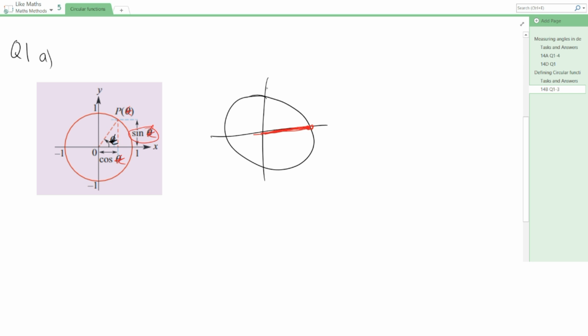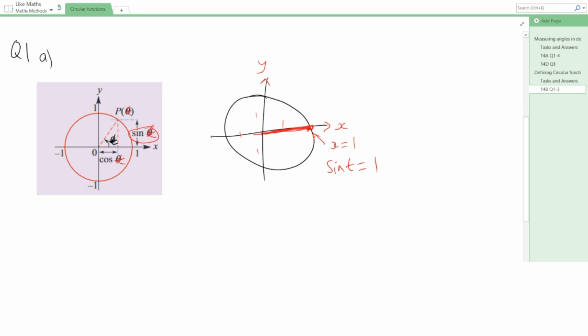So in terms of the values for y and x, right here, x is equal to 1, because this is a unit circle. So if x is 1, and we know that sine of the angle is equal to x, we can say that sine t is equal to 1.